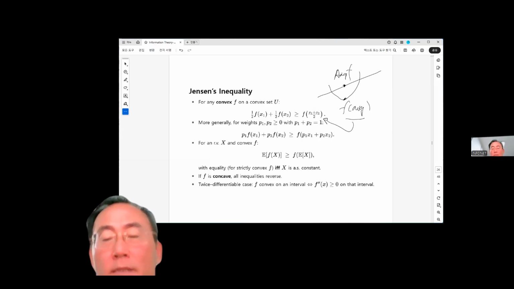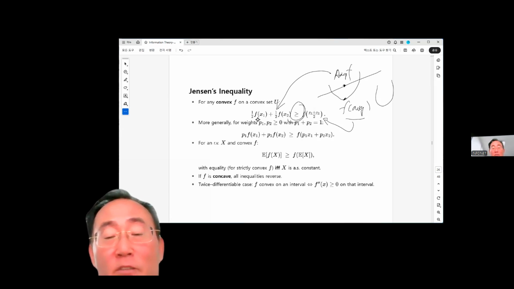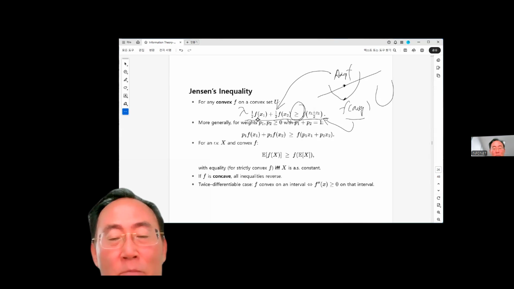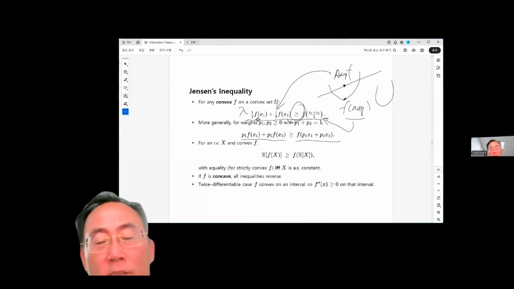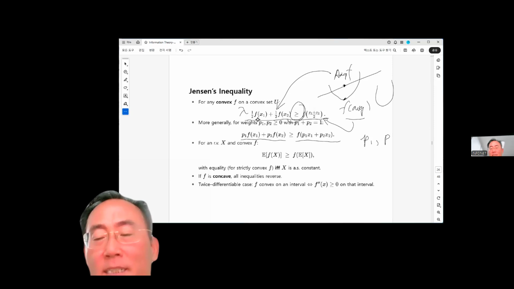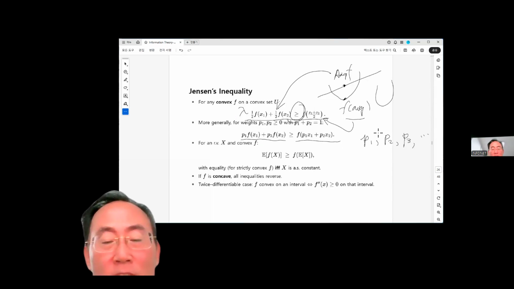So that is this part, that one is this part. So you can always remember convex U, then inequality goes this way, right? As you have seen in this picture. Then basically we apply this for any lambda, and we can generalize it with the probability distribution P1, P2. And then once you are able to do this, then you can do for P1, P2, P3, and so on and so on. Okay. All right. So that's the Jensen's inequality.